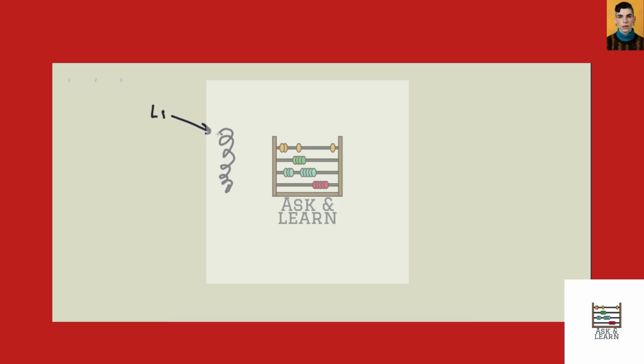And location 2 is when the elevator is at the bottom of its motion, somewhere here. So this is location 2, and this is location 1. Now, the level of the elevator just before striking the spring is the 0 location. So this is our 0 location.